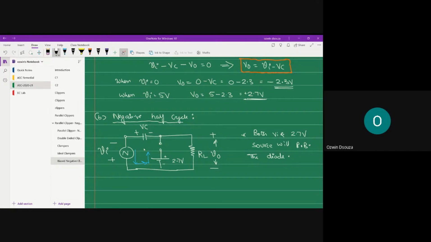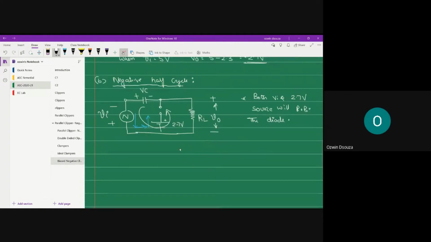And you can apply KVL in the anti-clockwise direction, which gives minus to plus VI, minus to plus V0, and minus to plus VC is equal to 0.